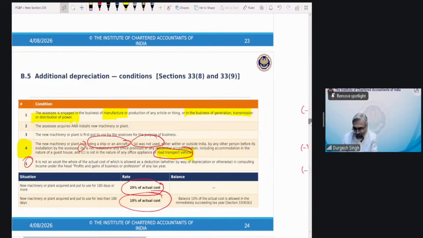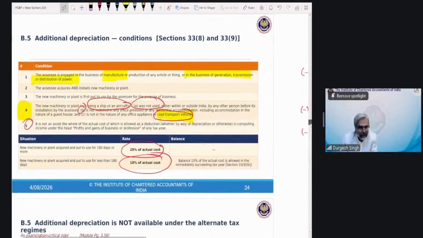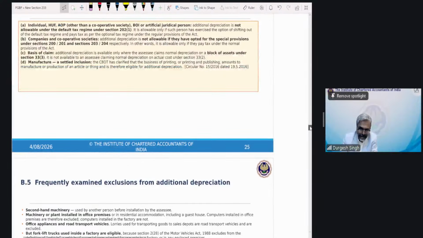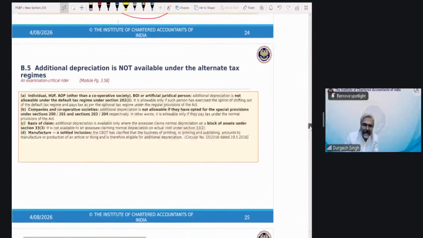Now, friends, one very important point that you should bear in mind, and that is about the alternate tax regime. Students, in fact, in tomorrow's class, at the very start, I'll be giving one example, and in that example, this particular concept is going to be tested. So if there is an alternate tax regime, can you get this additional depreciation allowance?